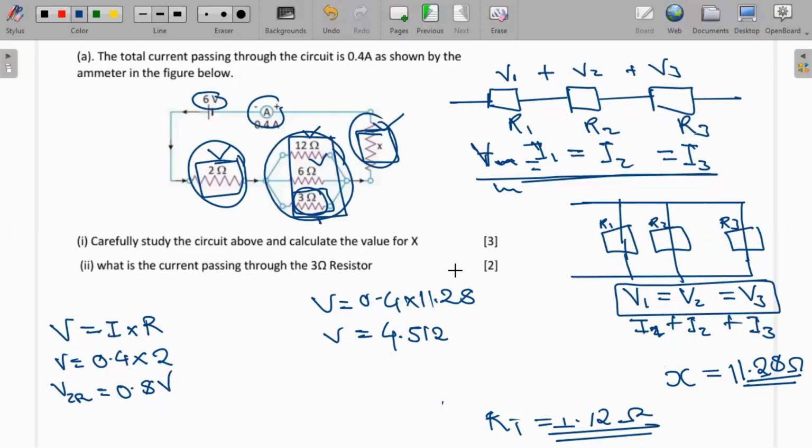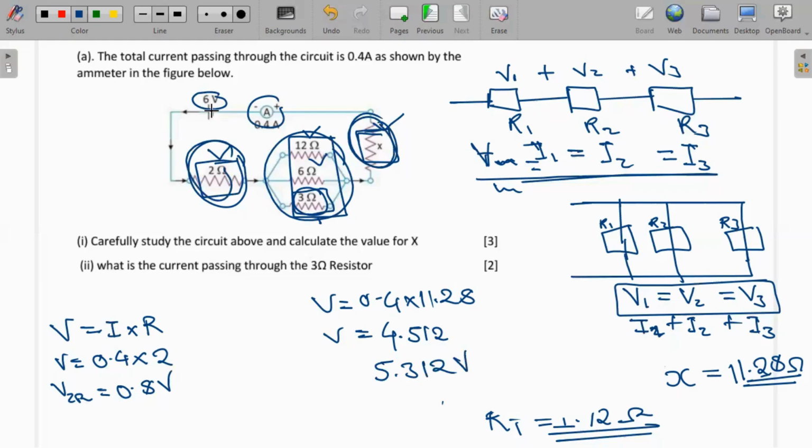Okay, if you add 4.512 and 0.8, what are we getting? 5.312 volts. That is it for that one and that one.